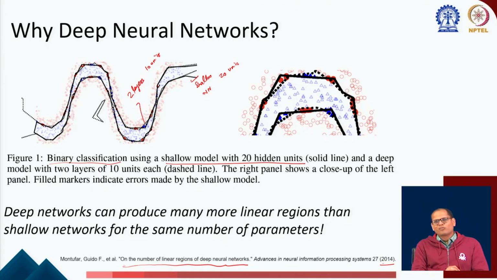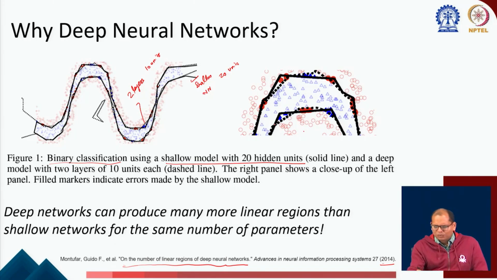Now the question is, which of these models is better at marking the boundary? It is a nonlinear boundary, with the circles as one class and the blue triangles as another class. Just look at the number of regions.